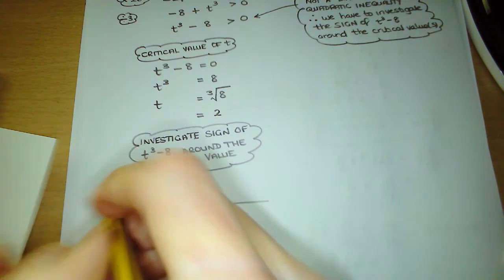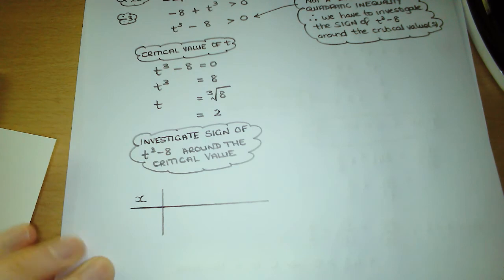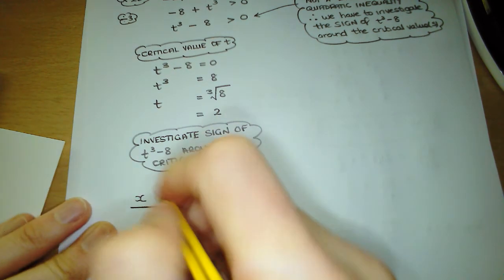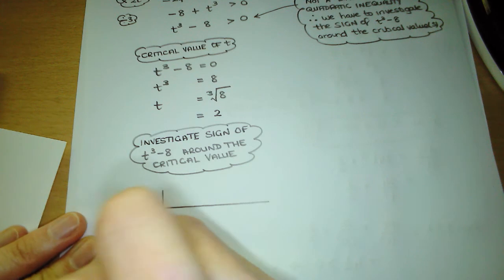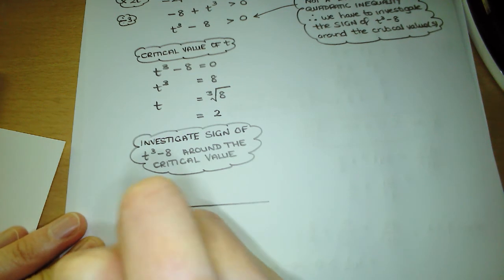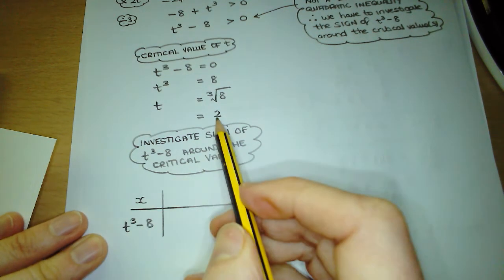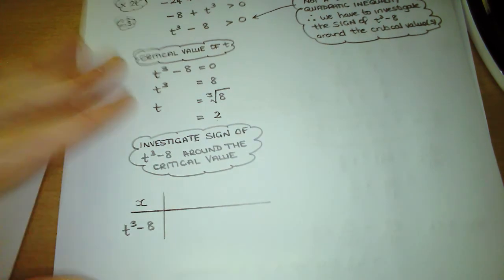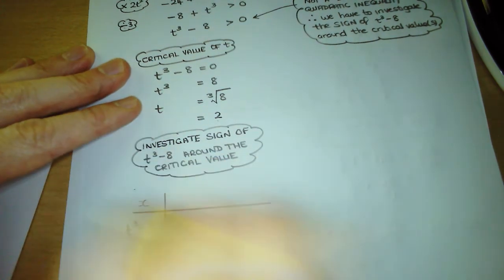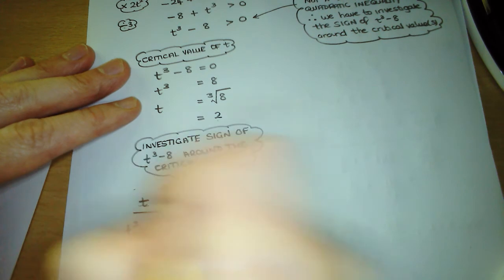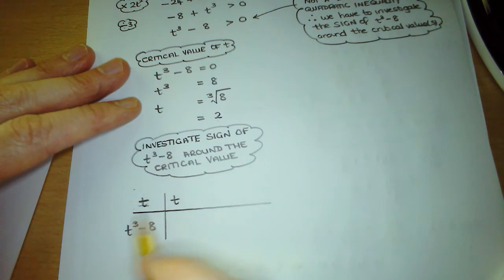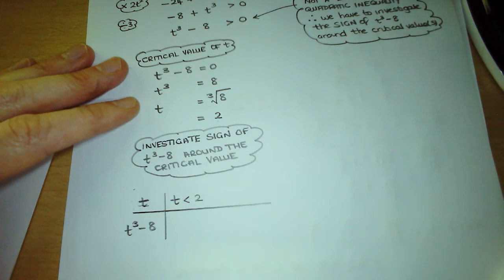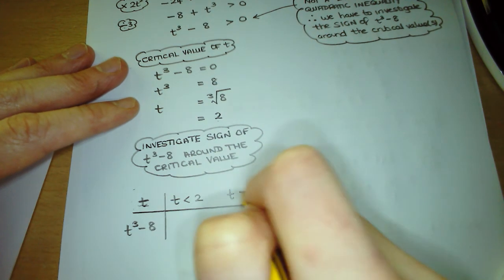Top row, the range of values that we're going to pick around the critical value. There's only one critical value, so we're going to investigate the sign of t cubed minus 8 when t takes values less than 2. Sorry, I've put x there, that should be t. So we're going to investigate what happens to t cubed minus 8 when t is less than 2, and also when t is bigger than 2.